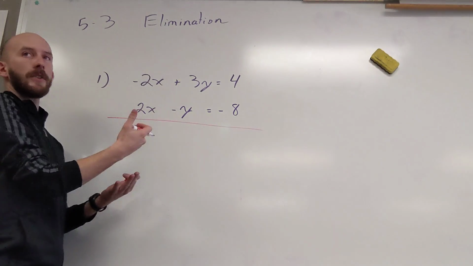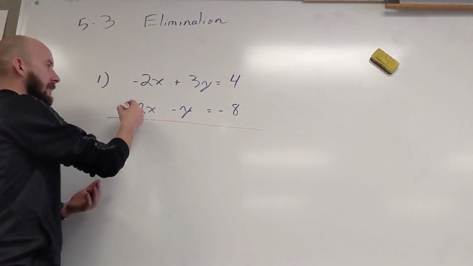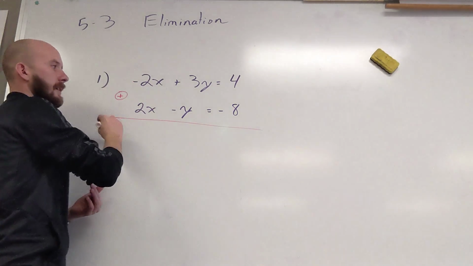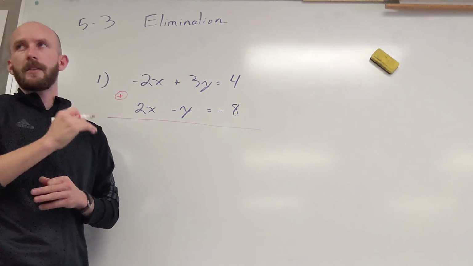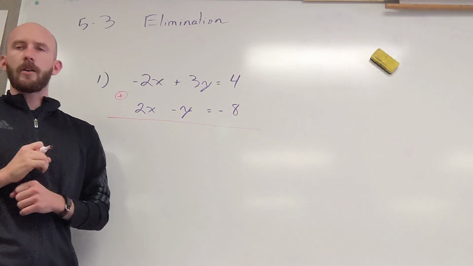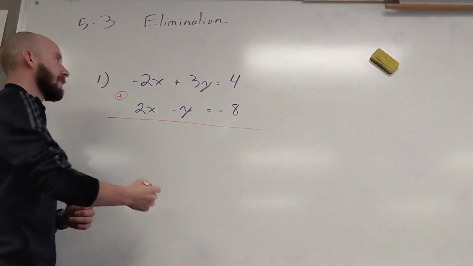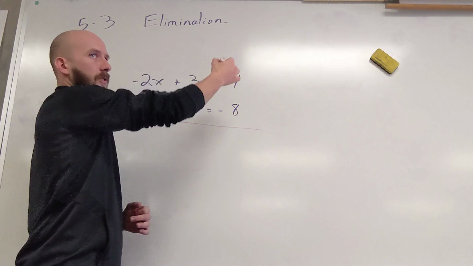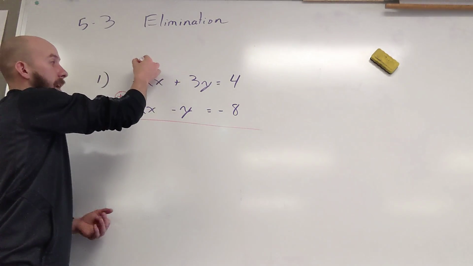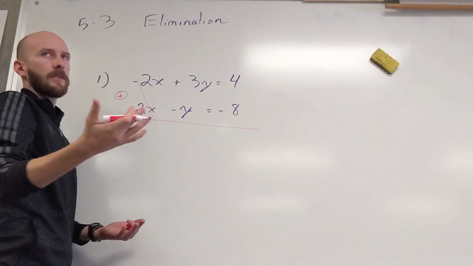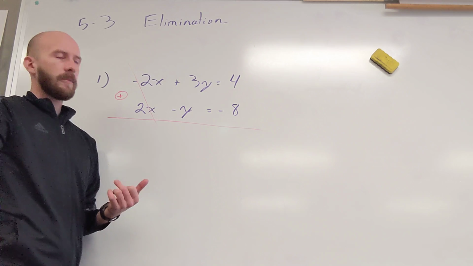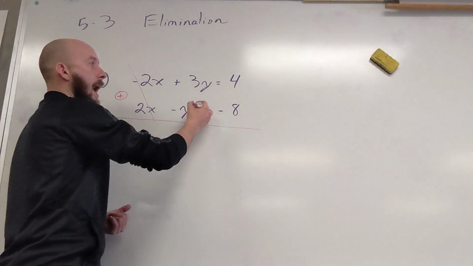Negative 2 plus 2 is 0, so that's how they cancel out. So I would write the plus sign out to the side to make it really clear, because I'm going to add all of these terms together. Now when I add negative 2 plus 2, those cancel out. Is everybody okay with that? Okay. And then I add everything else.